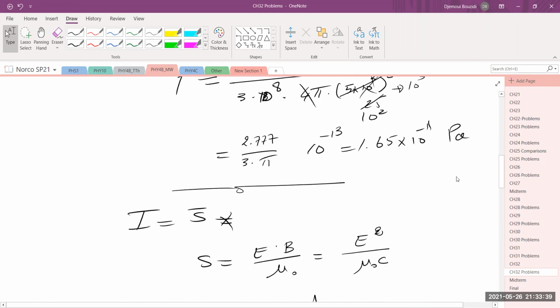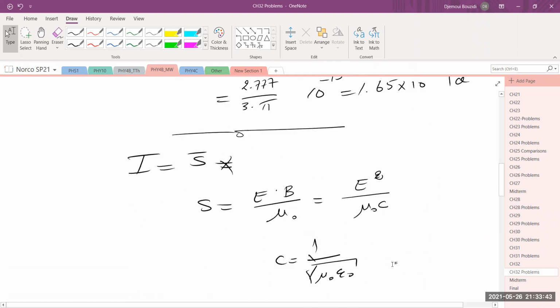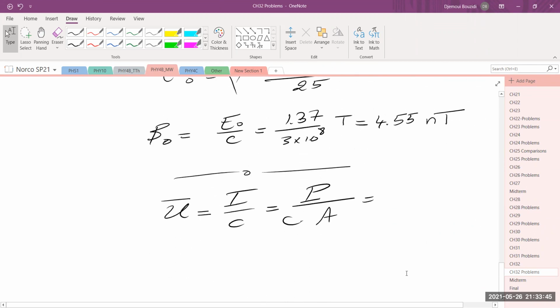So the actual number is going to be 1.65 divided by 2, 0.83 roughly. So it's going to be 0.83, or 8.3 times 10 to the negative 12, actually, joules per cubic meter. Verify these numbers, check them, so don't rely on my stuff in here.